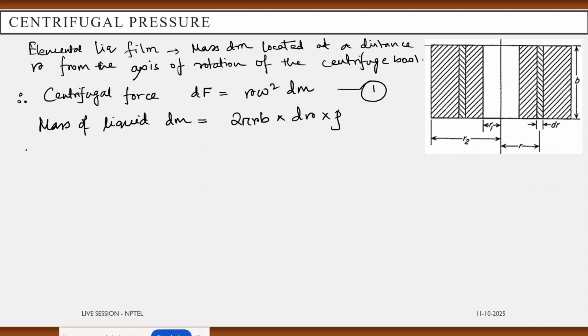So this equation 1 becomes dF equals 2 pi r square omega square b rho dr.